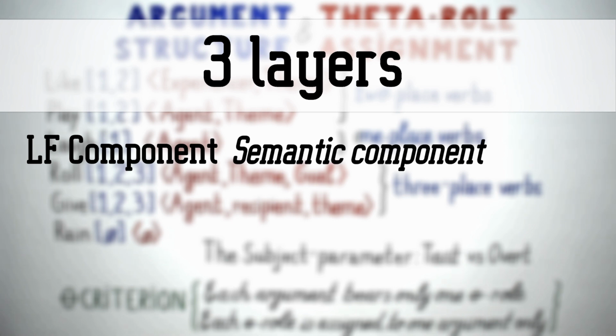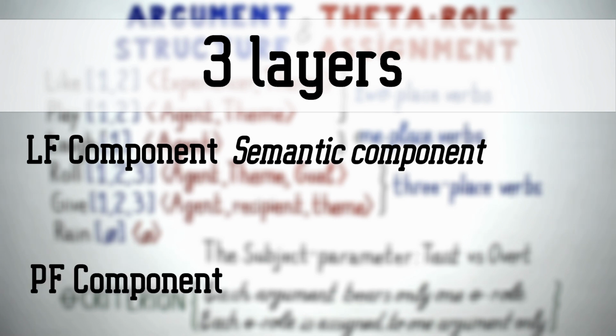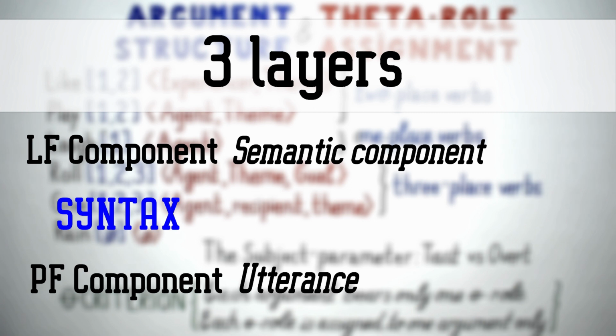There is this idea that we have meaning on our minds, and that there is an output component, the PF component, the phonological form, that is the level of the utterance, and that the syntax will be somewhat in the middle, manipulating logical form and molding logical form, the input, into phonological form, the output.